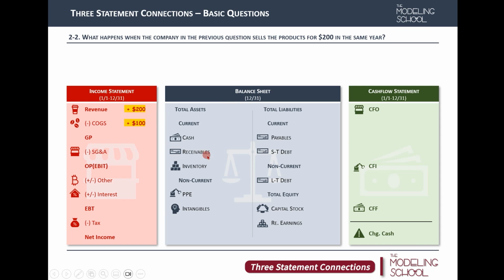And now the company has finally made some type of profit. So operating profit would be up by 100, earnings before taxes will be up by 100, and assuming no taxes, net income will also be up by 100.